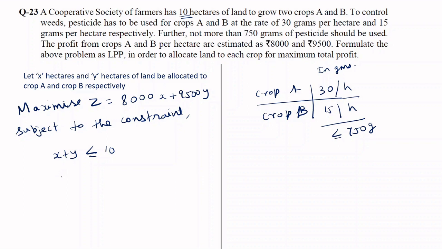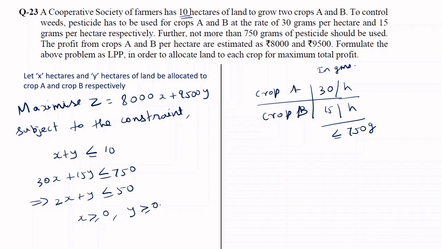The next constraint is 30x plus 15y less than or equal to 750. Or if we simplify, when we divide the whole thing by 15, 2x plus y less than or equal to 50. And next we have the non-negativity constraints, x greater than or equal to 0 and y greater than or equal to 0. So this is the formulation of this given linear programming problem.